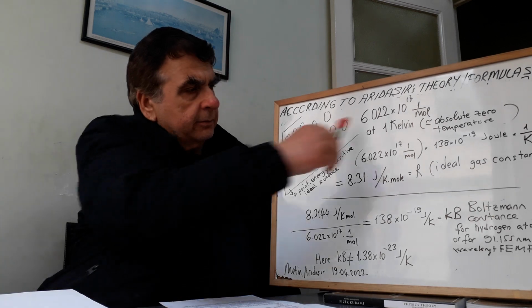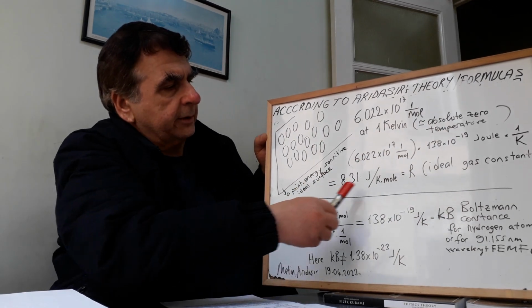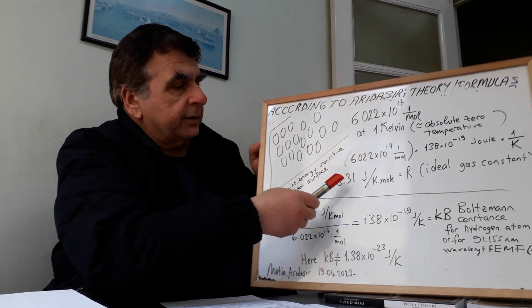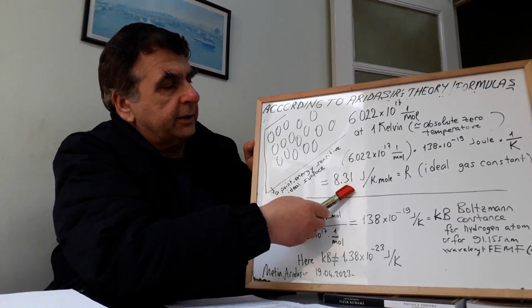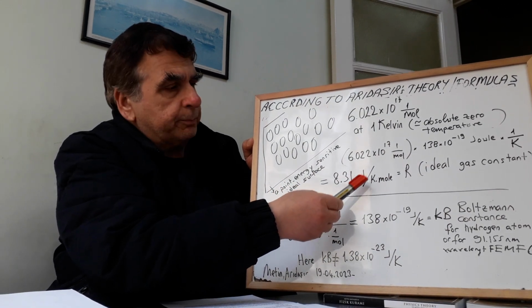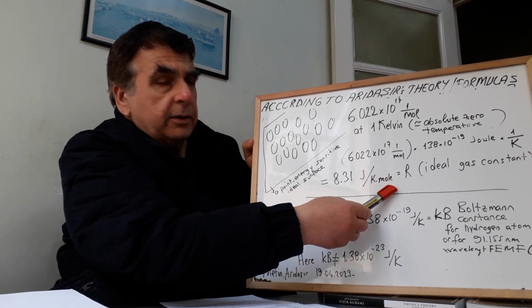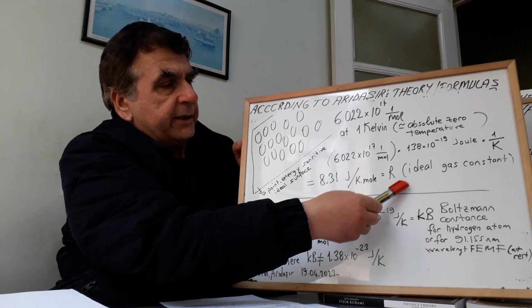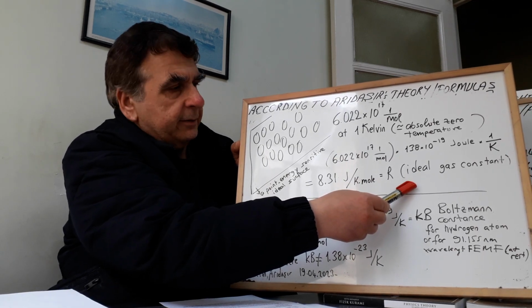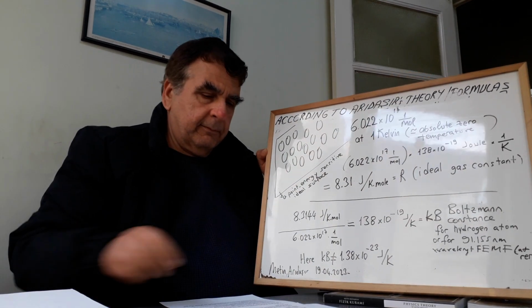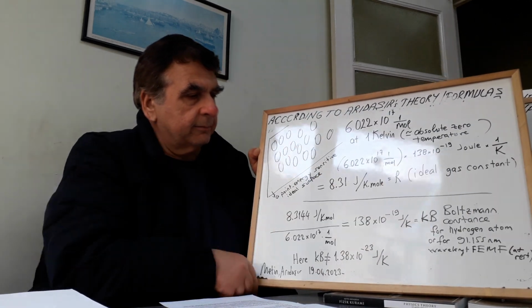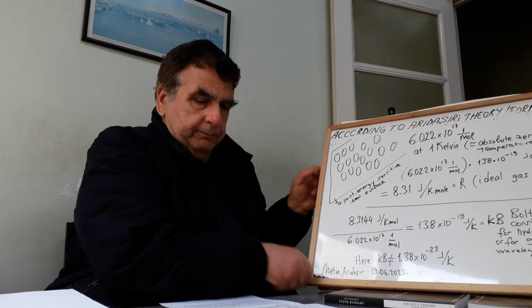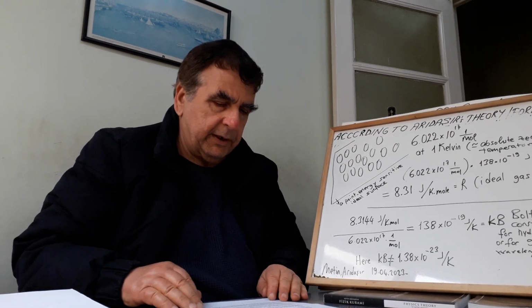What we gain like this: we get 8.31 joules per Kelvin mole. This is the ideal gas constant. Okay, we get this. Totally, we get this now.